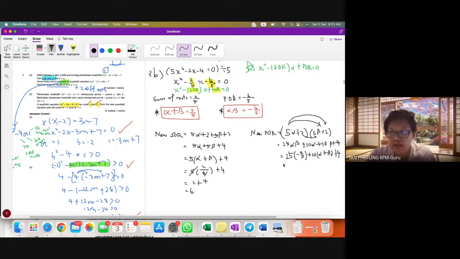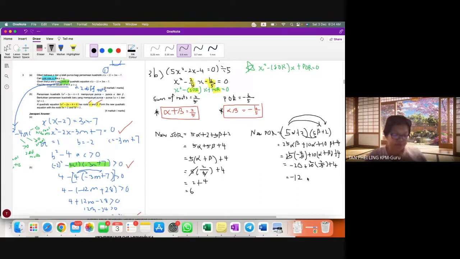Then I can simplify: I'll get 5 times negative 4, negative 20, plus 10 times alpha plus beta is 2 over 5, plus 4. Then you will come to a nice number. So 10 times 2 over 5 will be 4, so this one will be 4 plus 4, 8. 8 minus 20 will be negative 12.